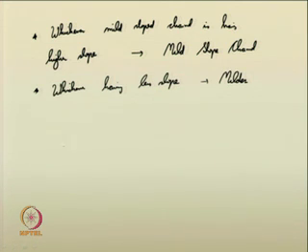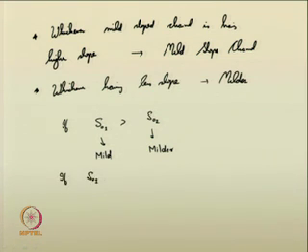So, say if S01 greater than S02, then this is mild slope channel and channel 2 is milder slope. Similarly, if S01 is less than S02, then channel 1 is considered as milder and channel 2 is considered as mild. So, like that you can say.